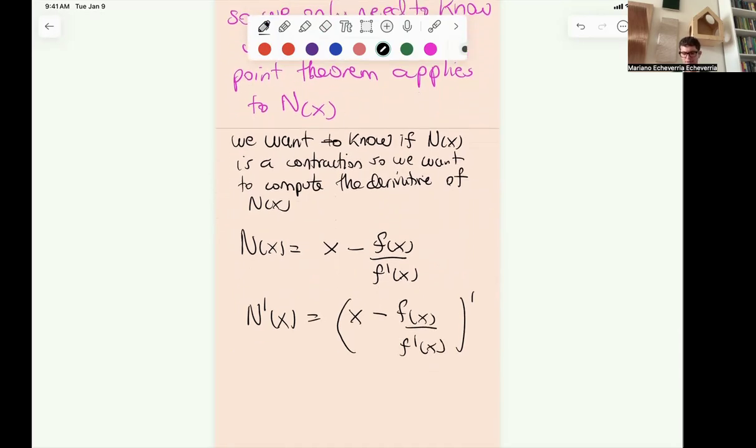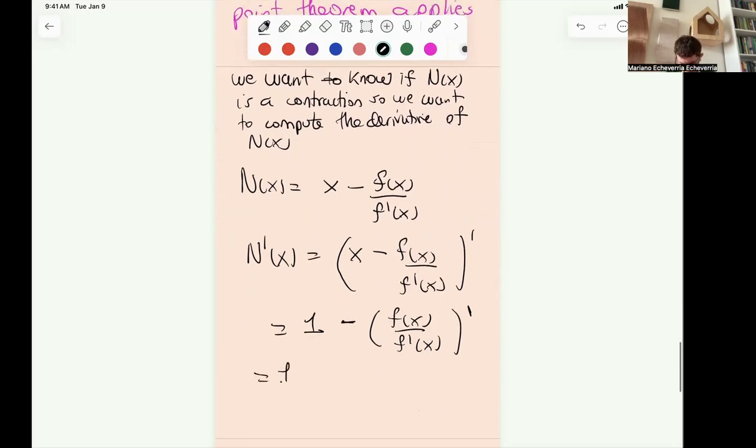So how do you find the derivative here? It's the derivative of the first term minus the derivative of the second term. How do you find the second derivative? You use the quotient rule, if you remember that from Calc 1. So it's minus the derivative of the numerator times the denominator, minus the numerator times the derivative of the denominator, divided by the denominator squared, right?